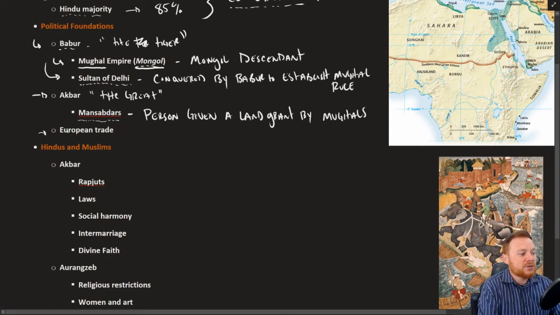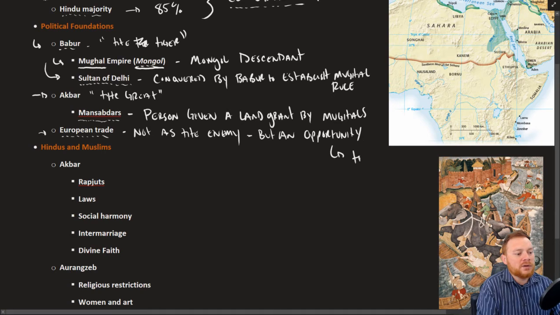In terms of European trade, the Mughals really looked at European traders not as the enemy. They really didn't view Europeans as a threat, but more of an asset, maybe. We might also say not as the enemy, but an opportunity. In fact, trade with Europeans could be very valuable to the Mughals.